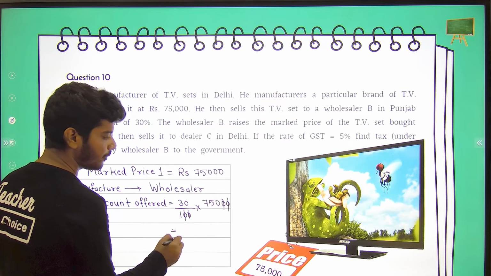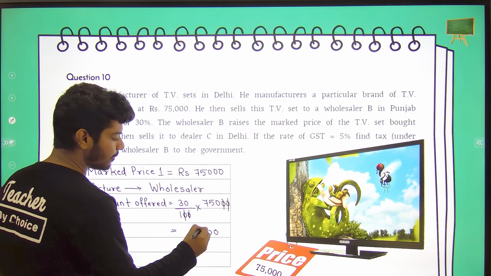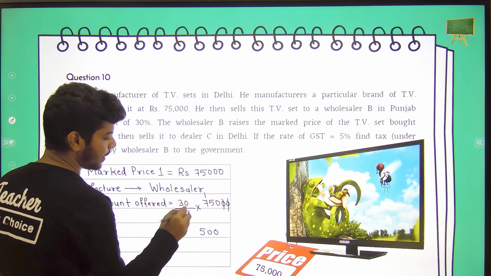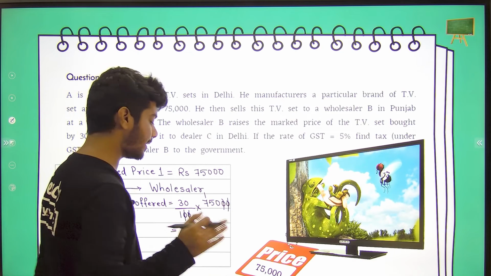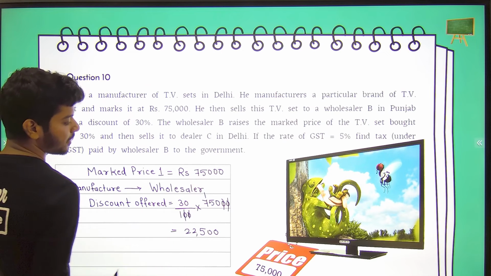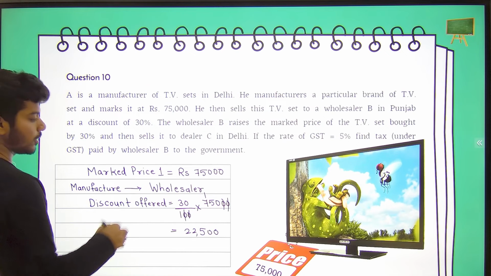So this would give me double zeros over here, and 5 3s are 15, 1 carry, 7 3s are 21 plus 1, 22. So 22,500 rupees was the discount amount. We'll subtract this to get the cost price for the wholesaler.